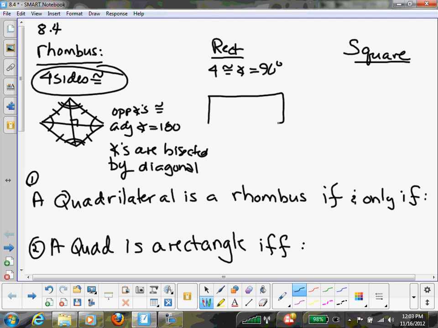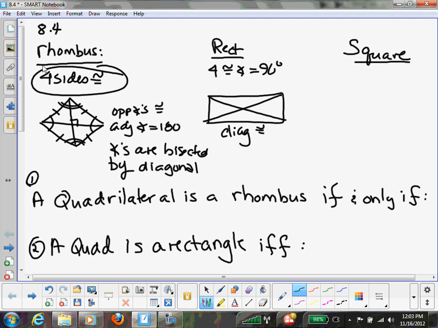Well, what we also know about a rectangle is that the diagonals are congruent. We know that opposite sides are congruent. They are all parallel, yeah. Opposite sides in all of these are going to be parallel.